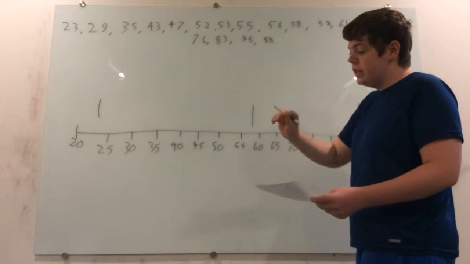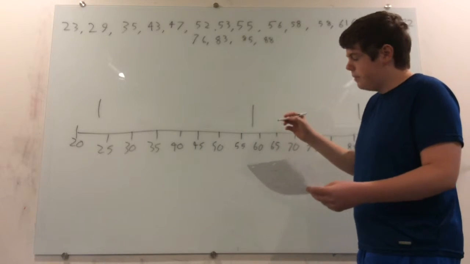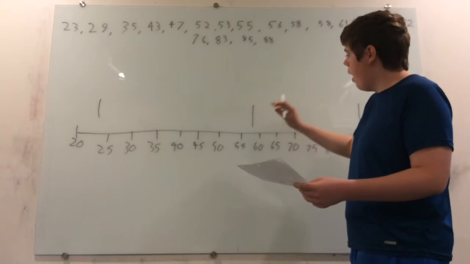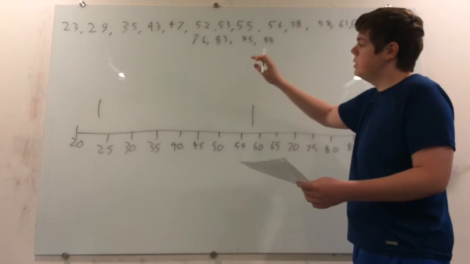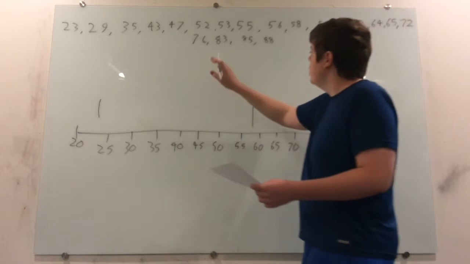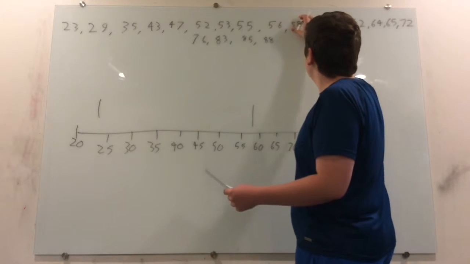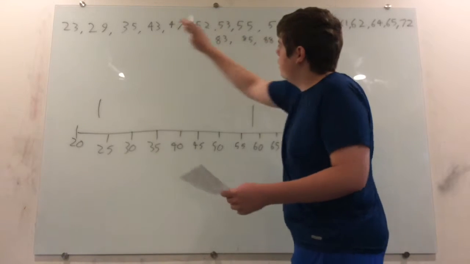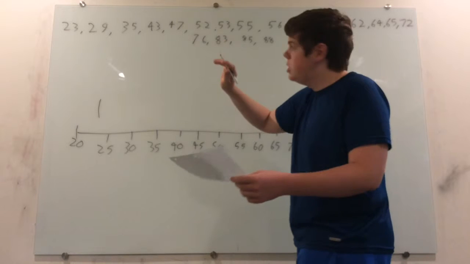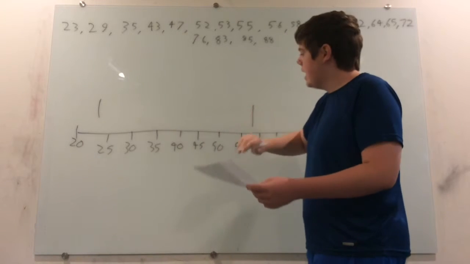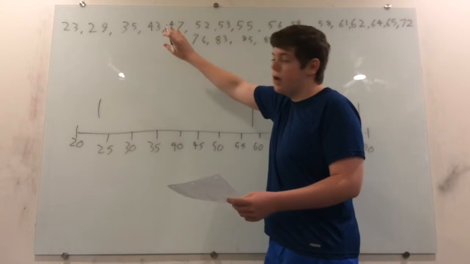Now this is where the box comes in, and you have to find the median between the median of the entire set and the lowest number. The median is about 58, so we'd start here and cross this number off, that number off, until we find the middle number, which is going to be 49.5, because we do not have a number directly in the middle.